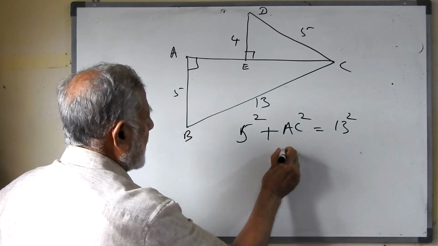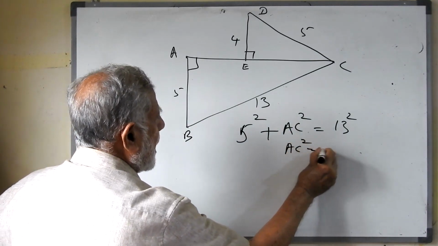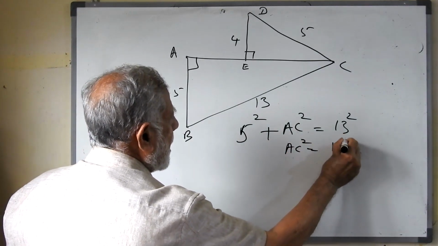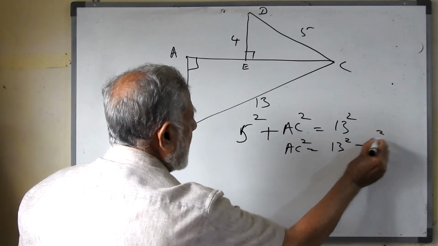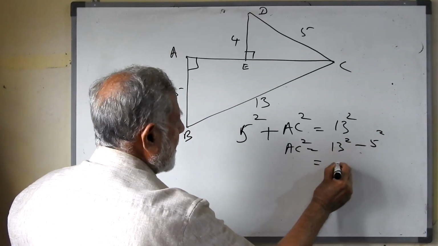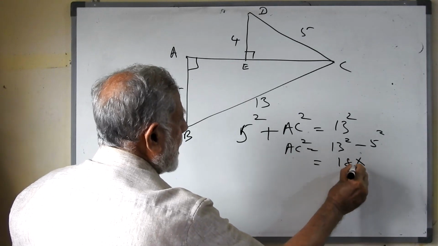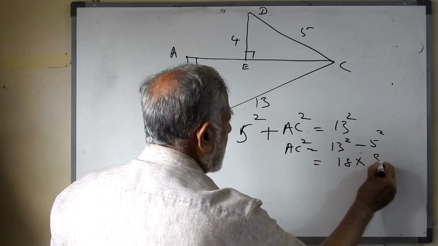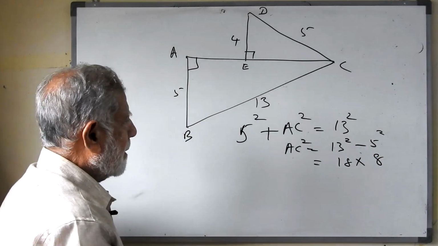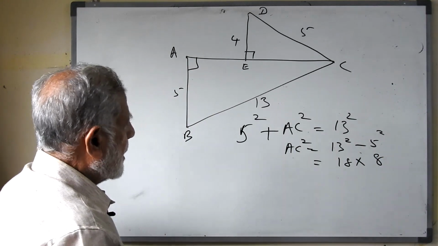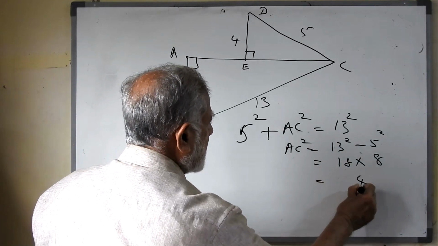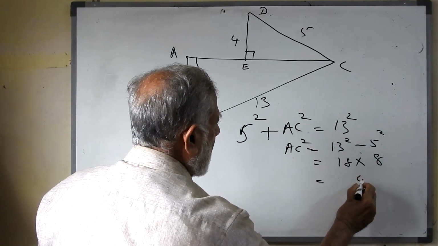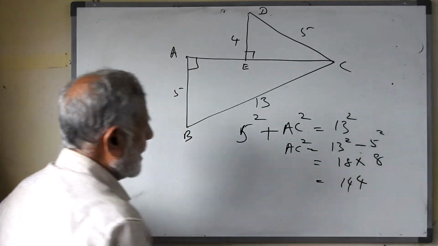So AC squared is equal to 13 squared minus 5 squared. That is equal to 13 plus 5, 18, into 13 minus 5, 8. So that is equal to 144.